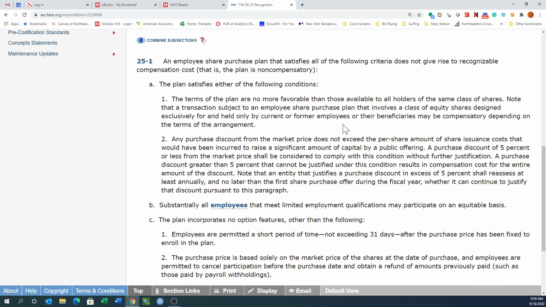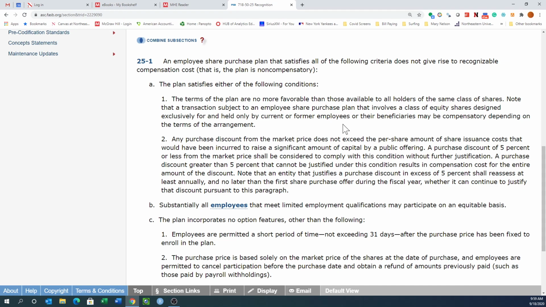I'd probably have to hire some accountants, I'd have lawyers. There's going to be transaction costs associated with this. And they're allowing you to say your transaction costs should be no more than 5% of the market price. Take out 5%, and those would be the transaction costs you would have incurred had you issued these shares to the general public.